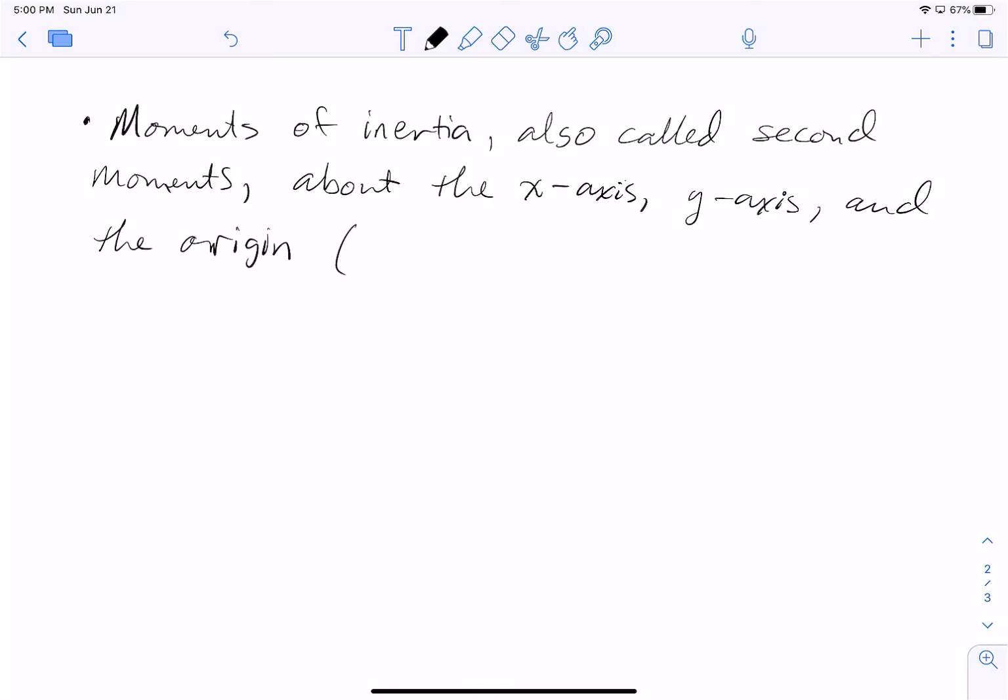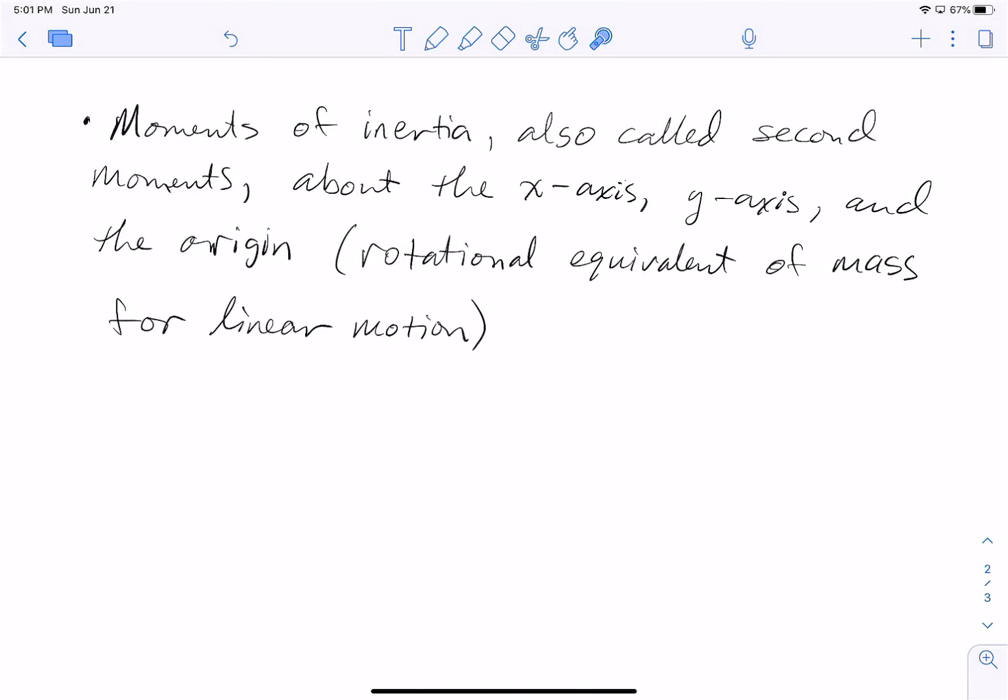Moments of inertia are the rotational equivalent of mass for linear motion. As you probably know, mass is what makes an object either hard to start moving or hard to stop moving. And a moment of inertia is what would make an object either easy or hard to start and stop spinning. Think about a spinning bicycle tire and trying to stop it, and a spinning semi-wheel and trying to stop it. The semi-wheel has a larger moment of inertia.